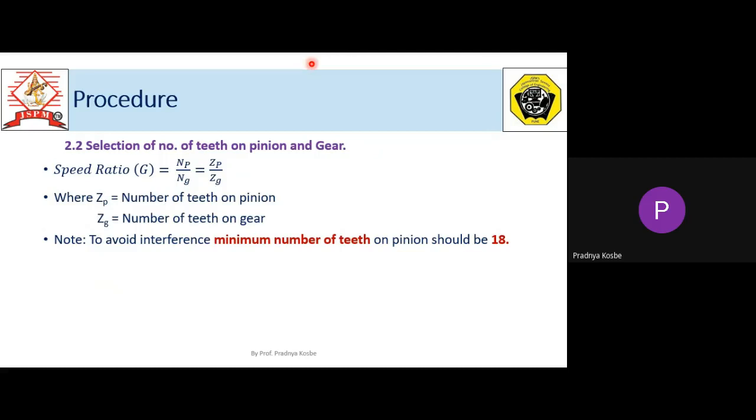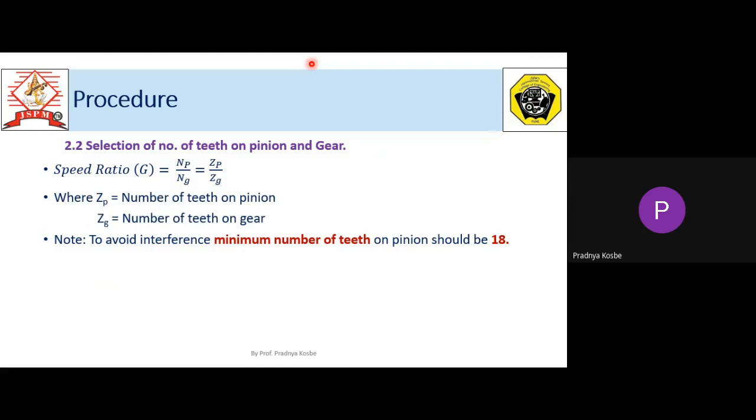Next, selection of number of teeth on pinion and gear. Already the speed ratio is known to us.